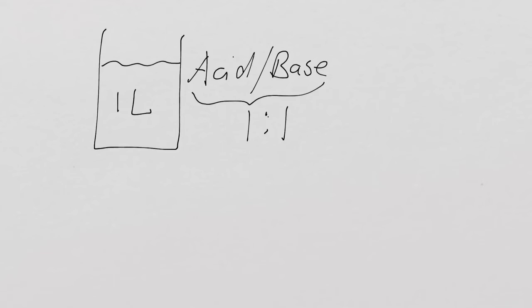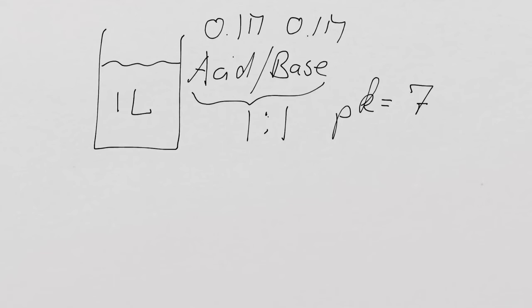And to make life easier, we have 0.1 molar of acid and 0.1 molar of base. And let's say we have a pKa of 7. Okay?